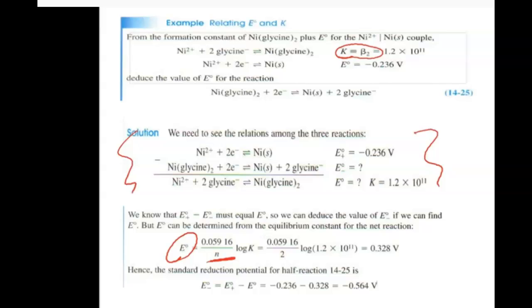So we have 0.0596 over n log of K, and the K value is obtained here. We can calculate the value of the voltage, and the cell potential therefore comes to negative 0.564 volts. So this is just an example of where you can integrate complexation with the value of the electrode potentials that are obtained as a result of that complexation reaction.